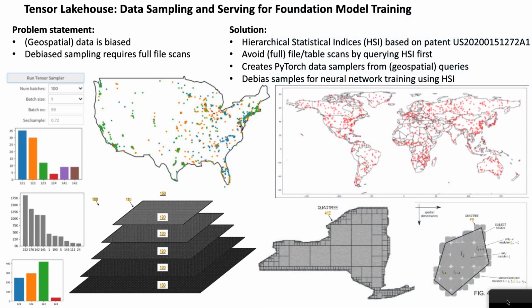What we have is a way to provide torch datasets, and those make use of the HSI. Let's consider this example here.